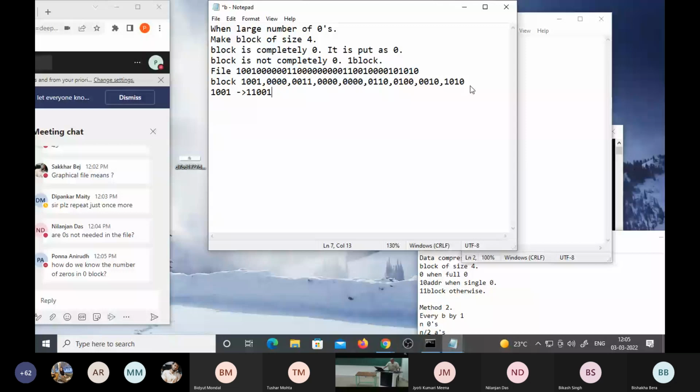Is it correct? So the first bit will signify whether it is fully 0 or not. How will this 0 0 0 0 be done? This will be transformed to only 0 because the block is fully 0.